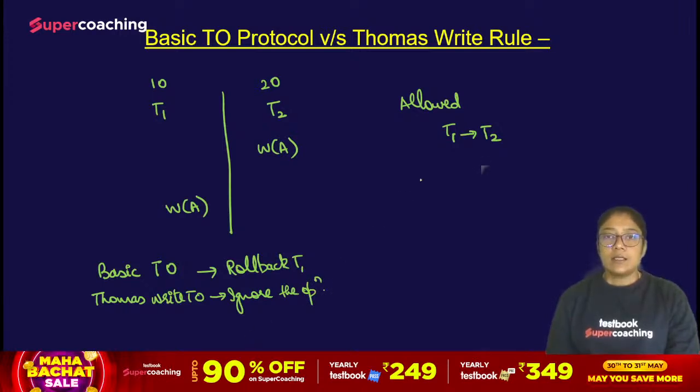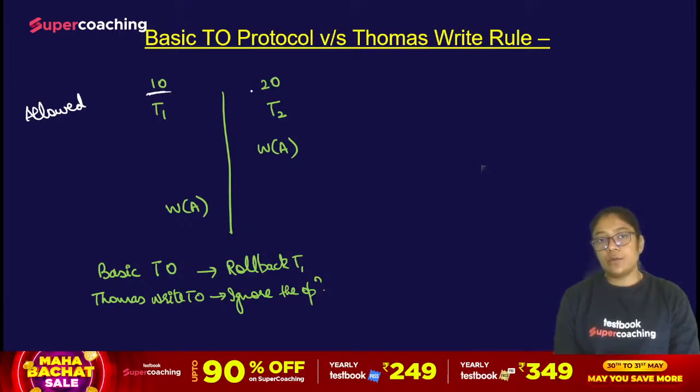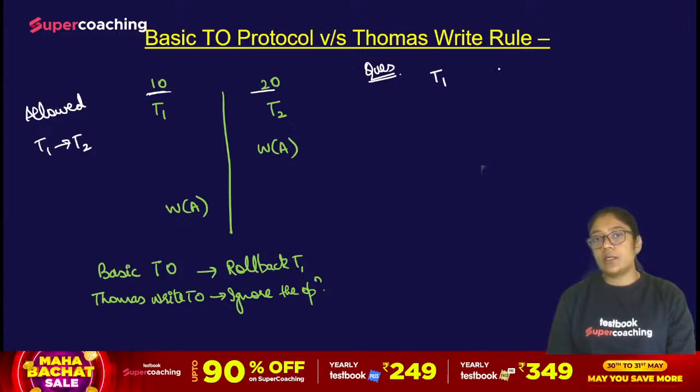Okay, let us discuss one question. If this difference is clear, then let us do a question. Let me utilize this space. The allowed pair, on the basis of the timestamp values, we got T1 to T2. Okay, one practice question. Let us assume that you are given three transactions T1, T2 and T3 with the timestamp values 10, 20 and 30.